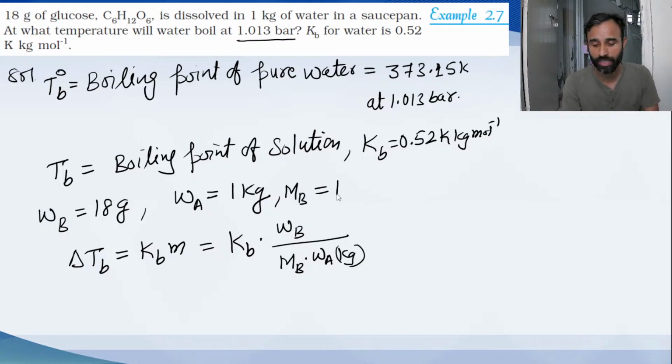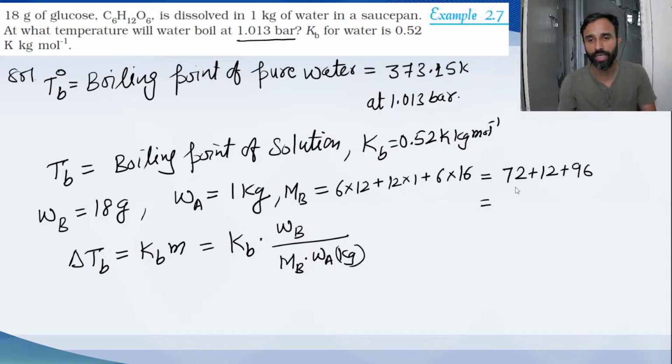Glucose, C6H12O6. 6 carbon, and the atomic weight of carbon is 12. 12 hydrogen, and the molar mass of each hydrogen is 1. 6 oxygen, and the molar mass of each oxygen is 16. So it comes out to be 72 plus 12 plus 96. Most of you know the molar mass of glucose is 180 gram per mole, right?